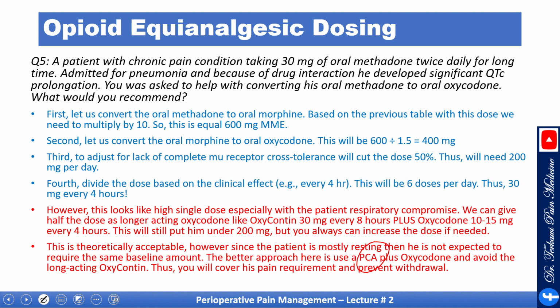So you will cover the baseline pain and prevent withdrawal with the PCA. And once you use that for a couple of days or so, then you will see how much you can convert it back to oral.